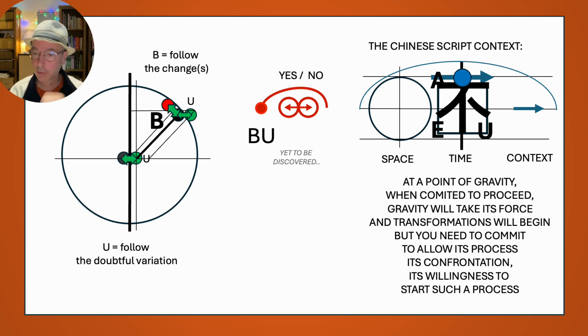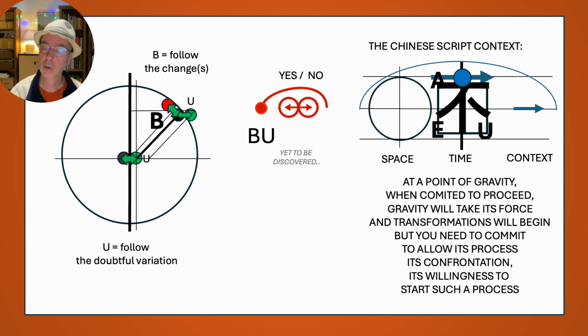So at that point of gravity in every transformation process, when it comes to proceed, and all the transformations will begin, and where you need to commit to allow this process with all its confrontations and its willingness also to start such a process, here it is limited by the understanding that I want to break out and make something larger, but I don't have the means yet.